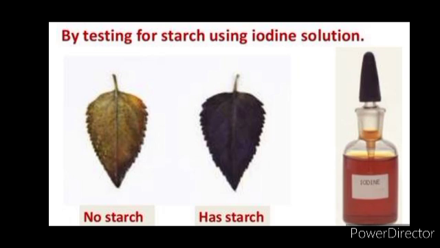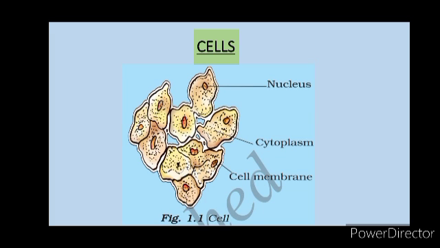Students, next I am going to teach you about cells. Cells are the building blocks of living things or living organisms. You have seen that buildings are made of bricks.